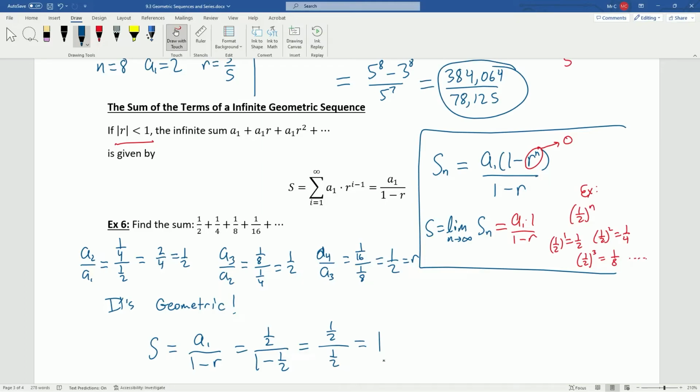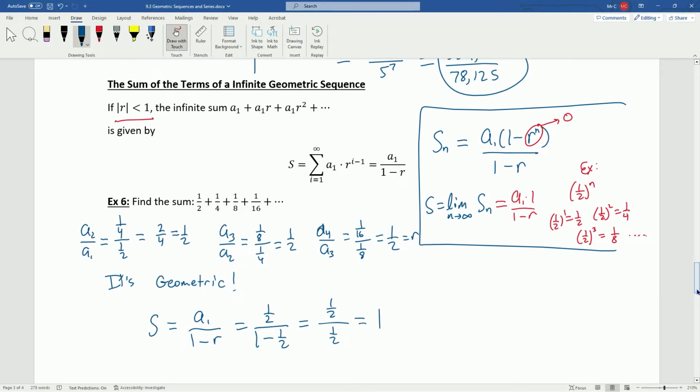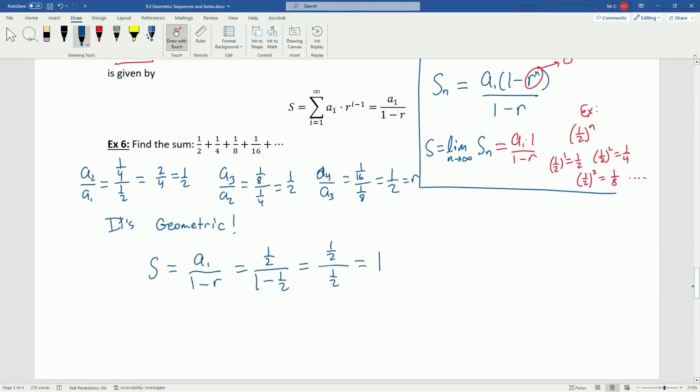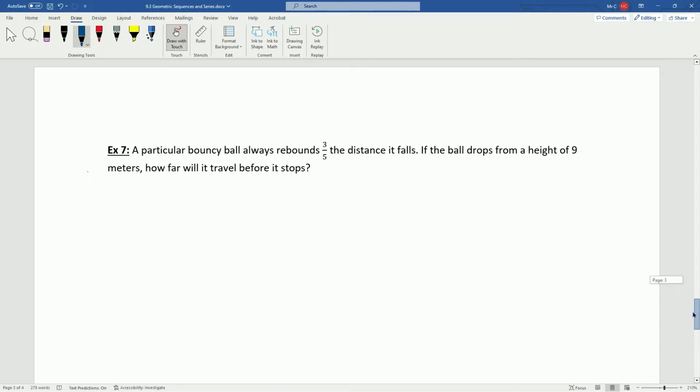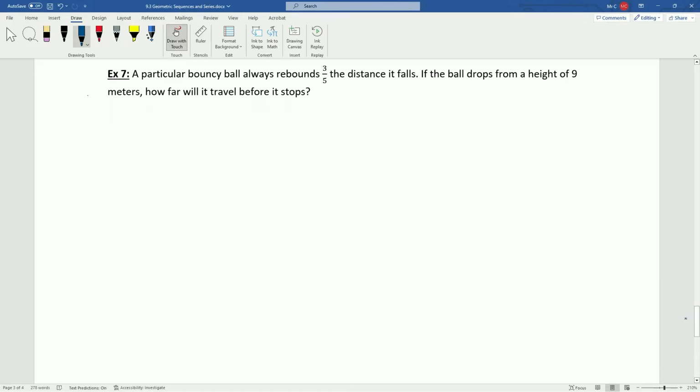But now we see that that example was actually a specific geometric sum, and that we can use these tools for infinite geometric sequences to solve that same problem. Okay, now let's take a look at another problem that's a little more complicated, but it involves a geometric sum.